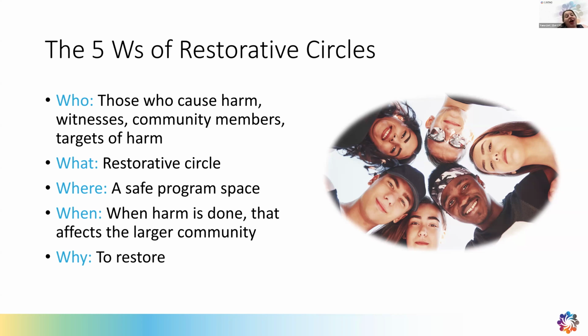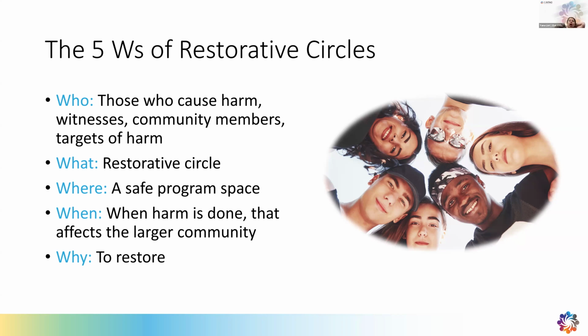Now, when we're talking about the 5 W's of restorative circles, the who, so that's what we've been talking about, who should be present, and that should include the person who caused harm, the victim, any relevant observers, possibly community or family members. Then what is it?